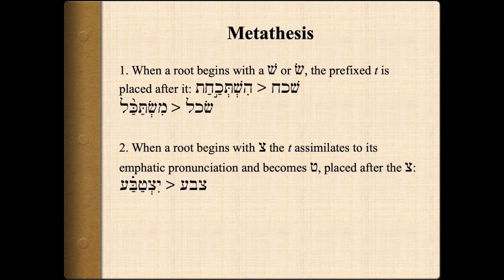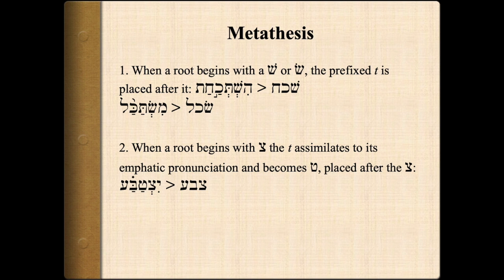In the reflexive form, the tav is actually placed after that first consonant. So here, hishtechachat, from the root shin kaf chet, and mistachal, from sin kaf lamed. The shin or the sin and the tav are sort of switching places.